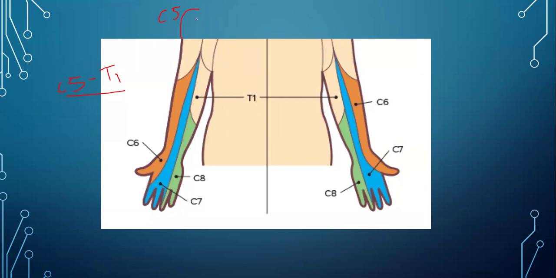So C5 is the deltoid. C6, you can see the lateral part of the forearm, including the thumb. C7 is the middle finger. C8 is the little finger, and T1 is the inner arm. So that's the sensation of these nerve roots.